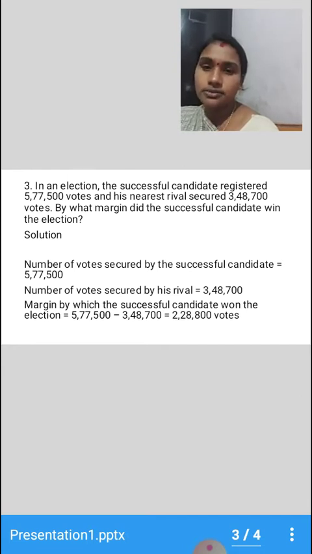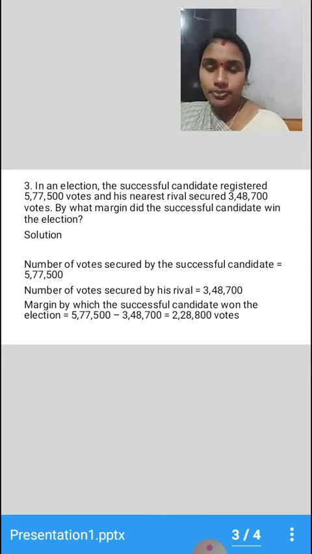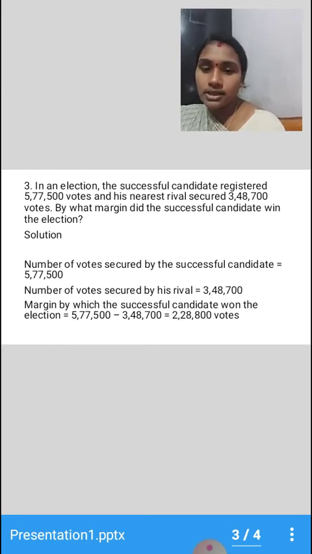5,77,500. Okay, children. So the statements will be: number of votes secured by the successful candidate is equal to 5,77,500, and the number of votes secured by his rival, that is the second candidate, is 3,48,700.